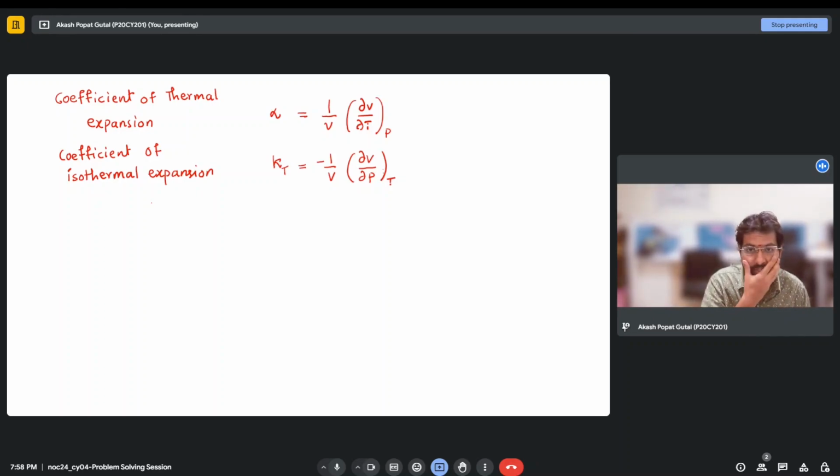Due to this inverse proportionality, this del V by del P will come out to be negative number. But we need to define a coefficient as positive. Then to make it positive, we need to include the negative sign in the equation, that will naturally bring the entire term as positive.